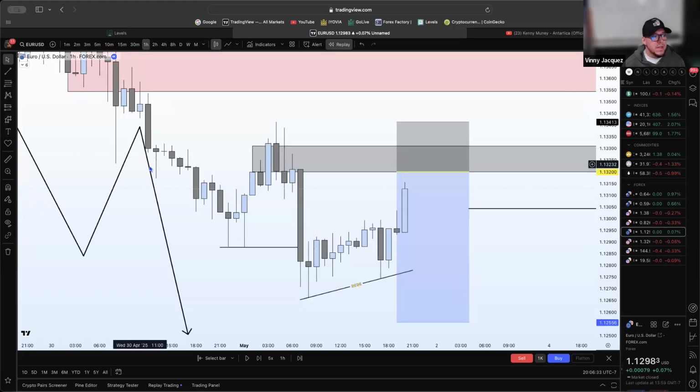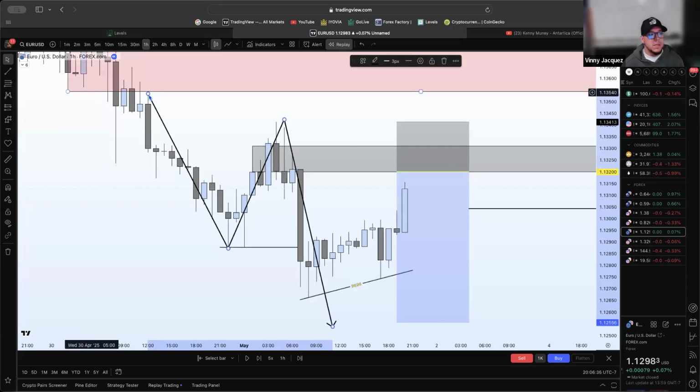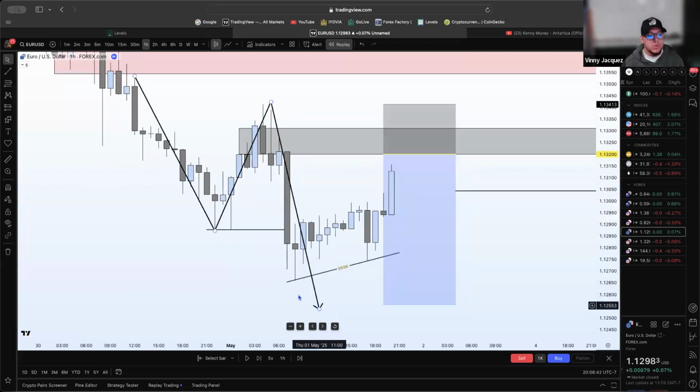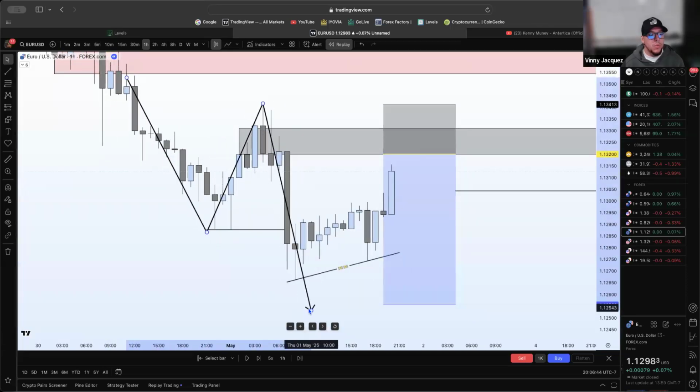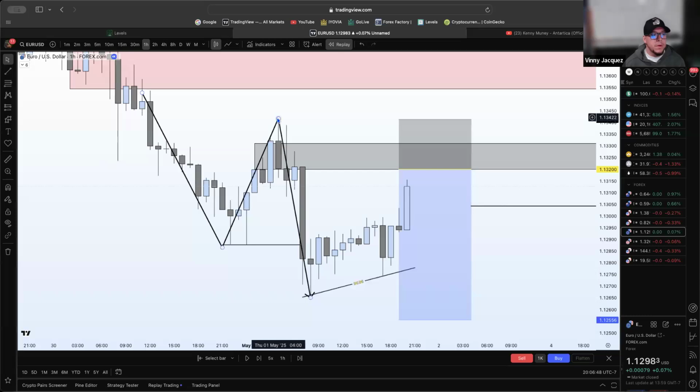I know a lot of the time, this is fairly easy to see. Lower low, lower high, lower low to the downside, break of structure to the downside. But when we're able to identify the internal structure within that, the structure that makes up that higher high, higher low, notice how we get a high point, which would be my left shoulder, pullback, which would be my neckline, break of structure to the upside, which would be my head.